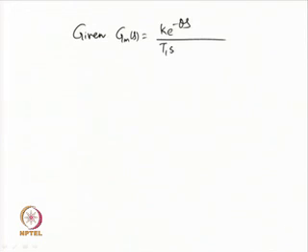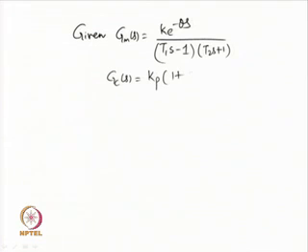Using this technique, now effort will be made to design a controller for a second order unstable process. So, given the second order unstable process transfer function model in the form of GM(s) is equal to K e to the power minus theta s divided by (T1 s minus 1) times (T2 s plus 1), and a controller of the form GC(s) is equal to Kp times (1 plus 1 upon Ti s) times (1 plus Td s).